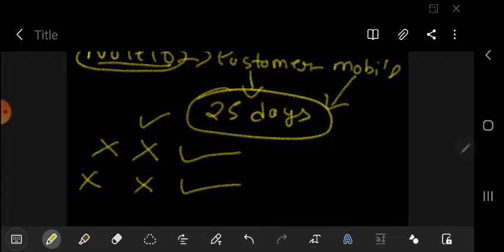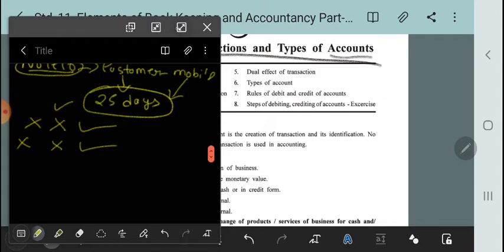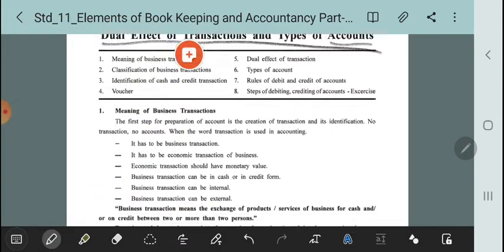It is very easy to understand. I hope these terminologies are very clear to you all. Looking at these things, we will discuss the first illustration from our accountancy syllabus.